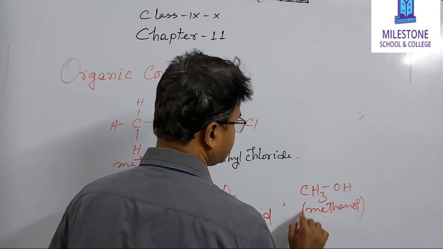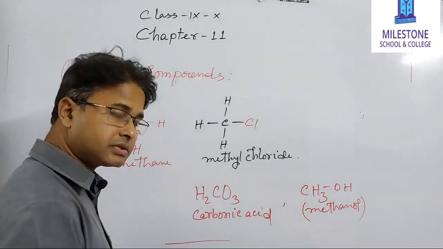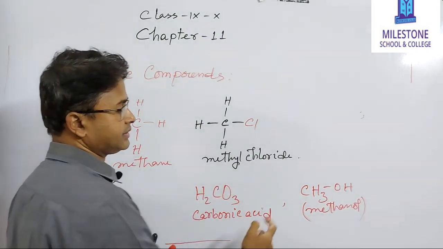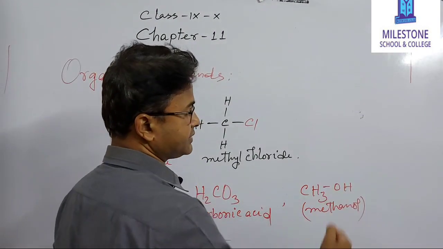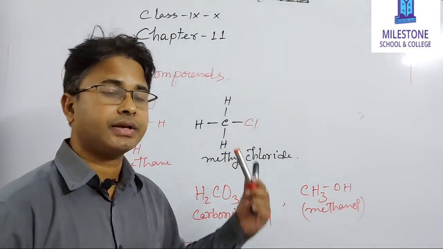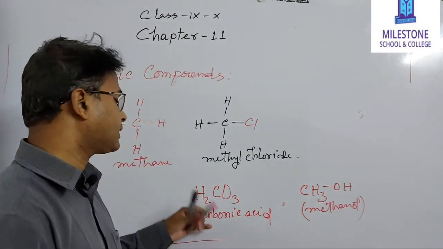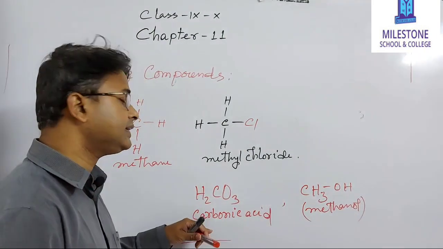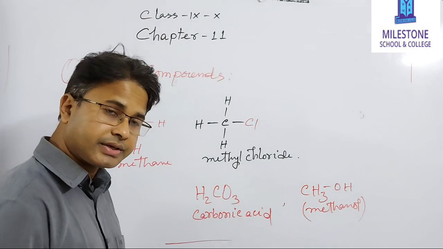Both of the compounds contain carbon, hydrogen and oxygen. But methanol is an organic compound. Carbonic acid is not an organic compound. It is actually an inorganic compound.